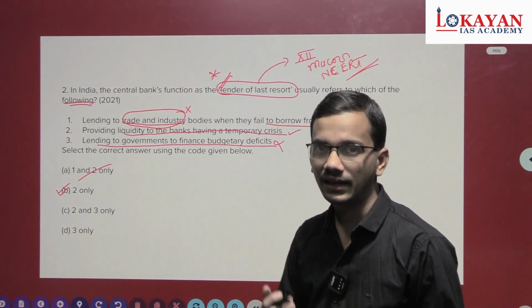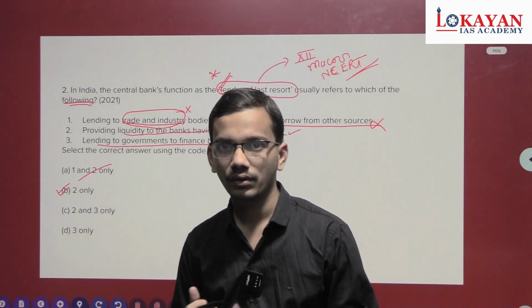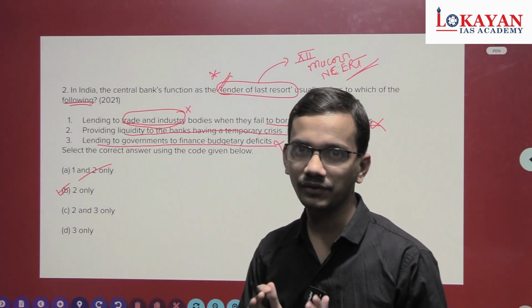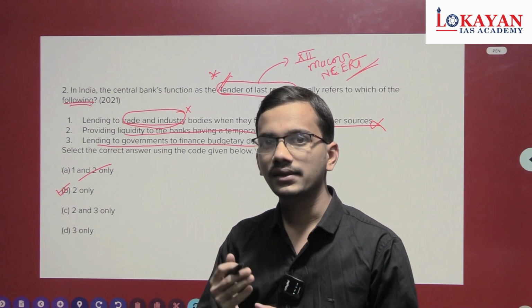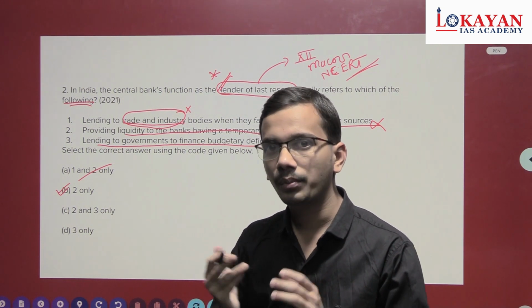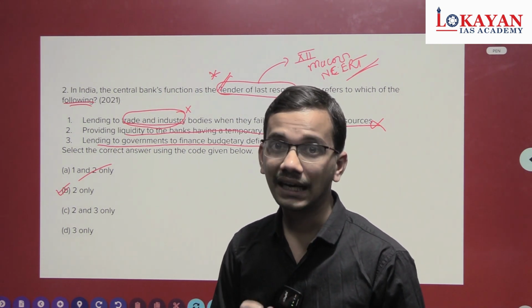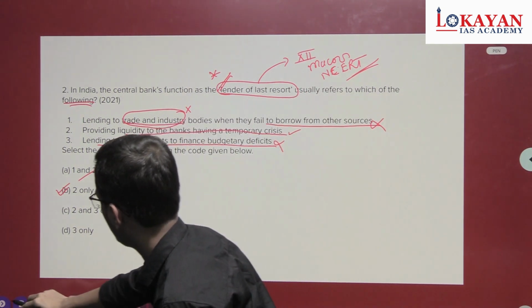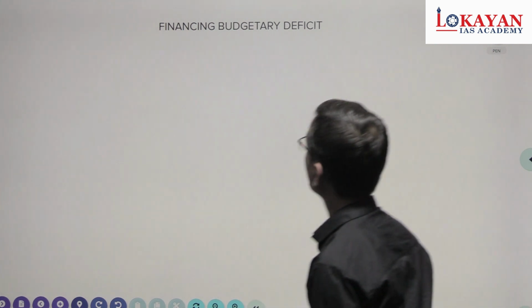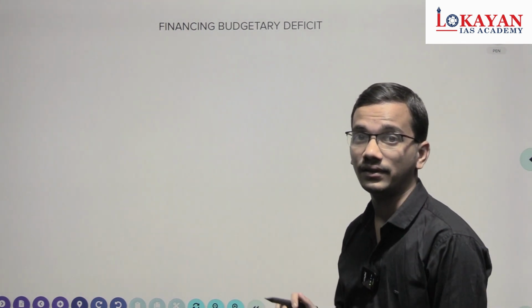But let's discuss it in detail, because many times we have seen in a previous lecture also, UPSC repeats the themes or concepts mentioned in incorrect statements. So let's see why third statement is wrong. Financing budgetary deficit.